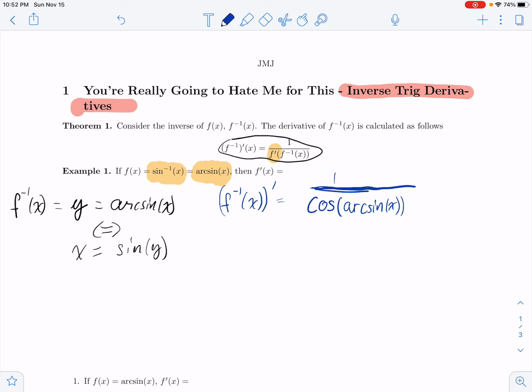How do we do it? Well, I can use the following fact: x equals sine of y.